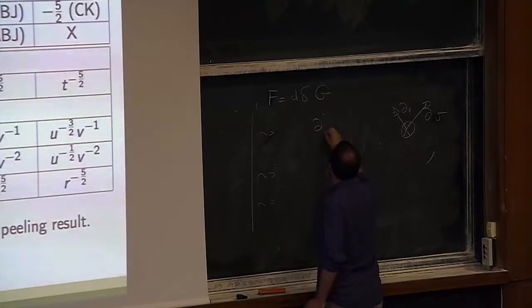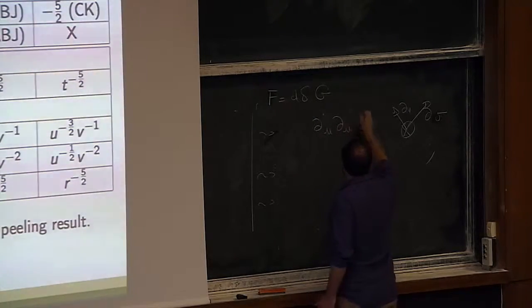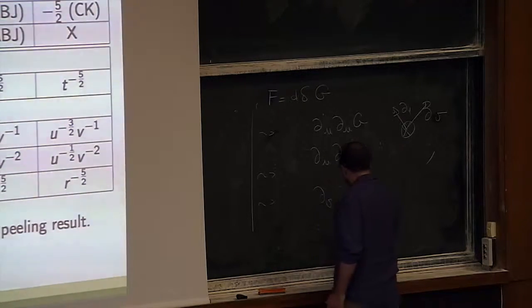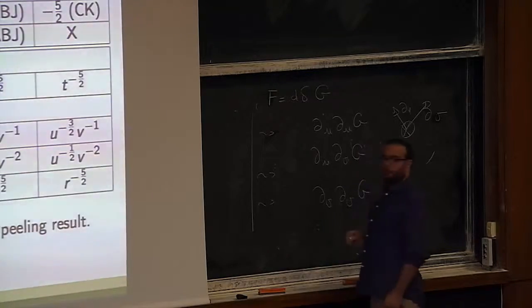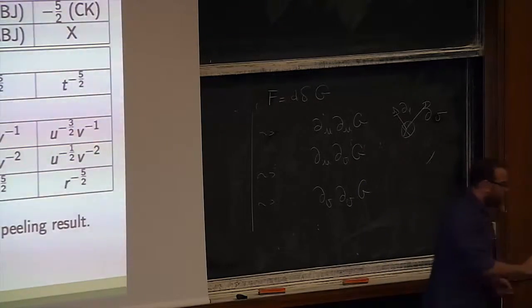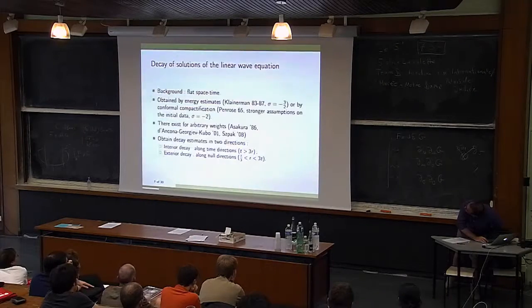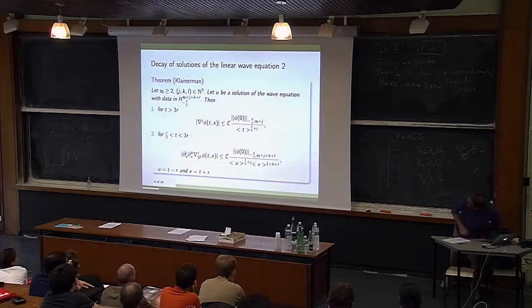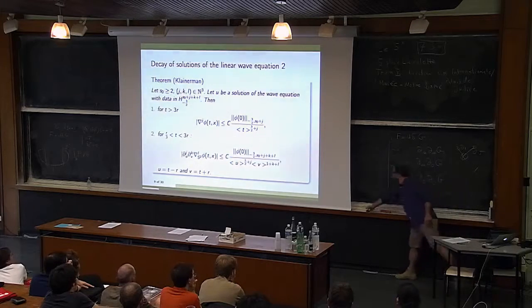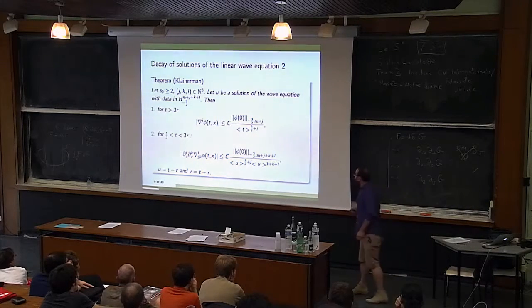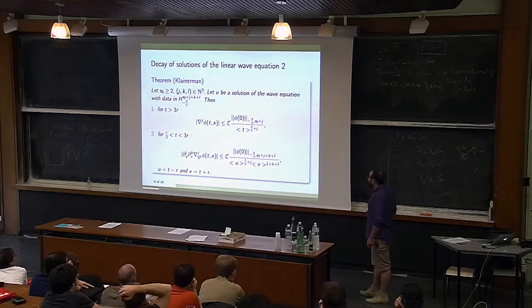Either I'm having du duj, or I'm having du dvj, or I'm having dv dvj. Okay? And if you look at the theorem of Klainerman here, according to the different derivatives I'm taking, I'm having different behavior.